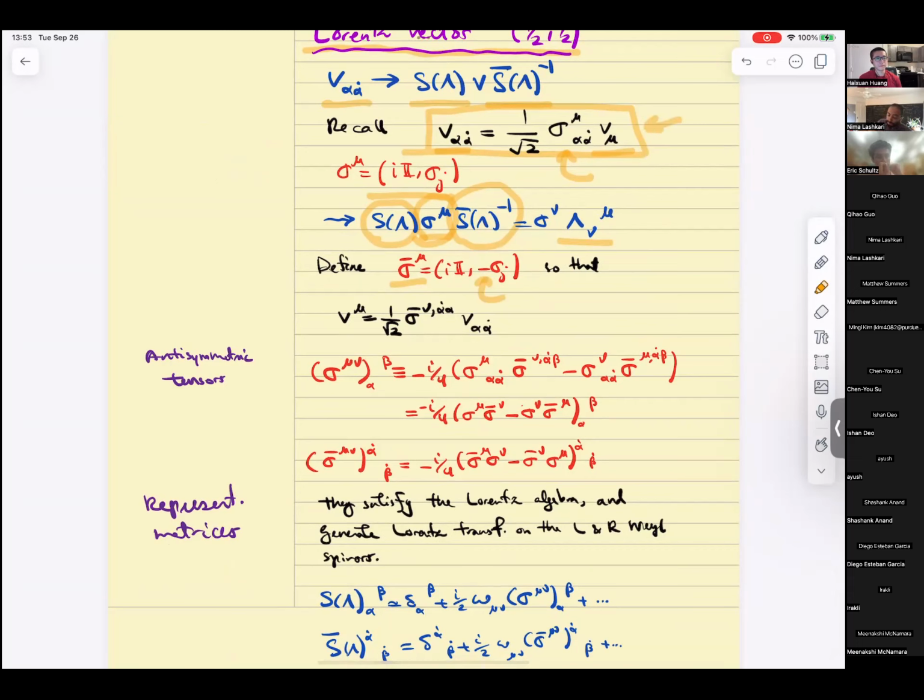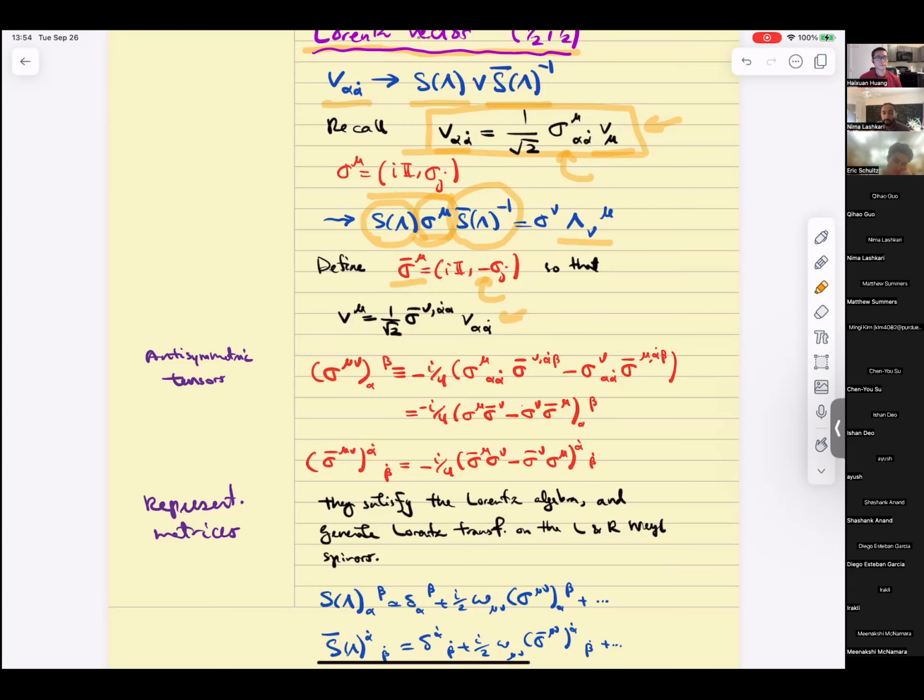That is the inverse relation for the first line. In the first line I'm writing V alpha alpha dot, the spinor representation, in terms of the vector, and this is the inverse, so V upper mu, the standard vector representation, is written in terms of the spinor (1/2, 1/2).